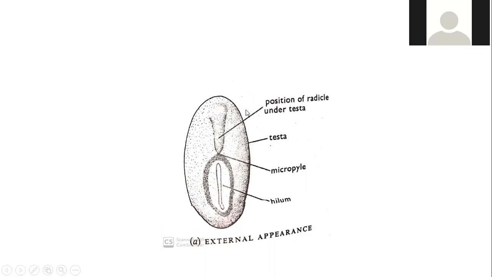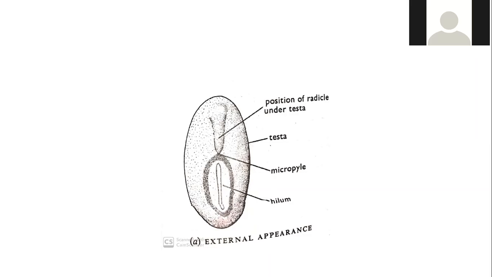Around is only the testa, no tegmen, because the testa and tegmen are fused together as one, so it's referred to as testa. Then the position of the radicle. So this structure shows you how our seeds look, a nice way to look at the seed.